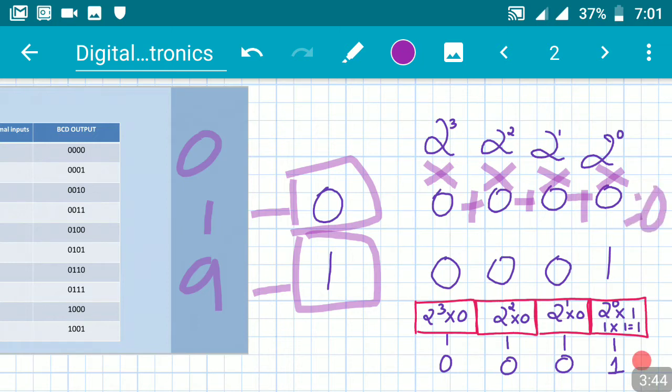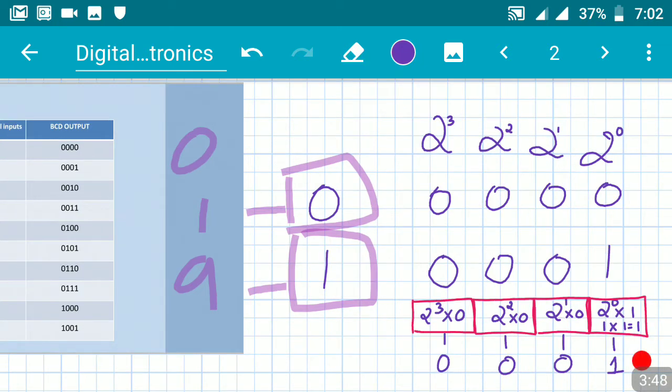Fine. Similarly, we shall consider one more input. Let the one more input be 1. For 1, we have the binary coded decimal code as 0001.